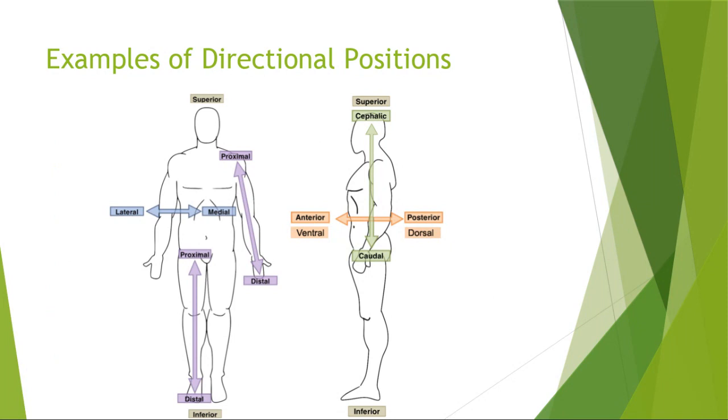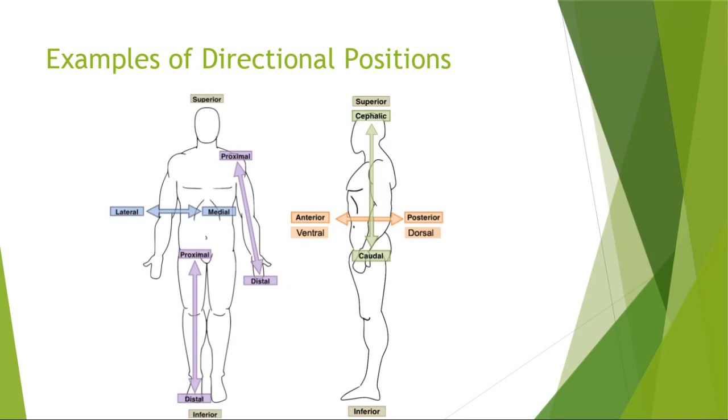Anterior is the front. Anterior is the front of the body, closer to the front of the body. And then you're going to have posterior, which is the back. Posterior is the back. Medial is towards the midline of the body. So if you draw an imaginary line through this body, medial is going to be right in the middle of this body.